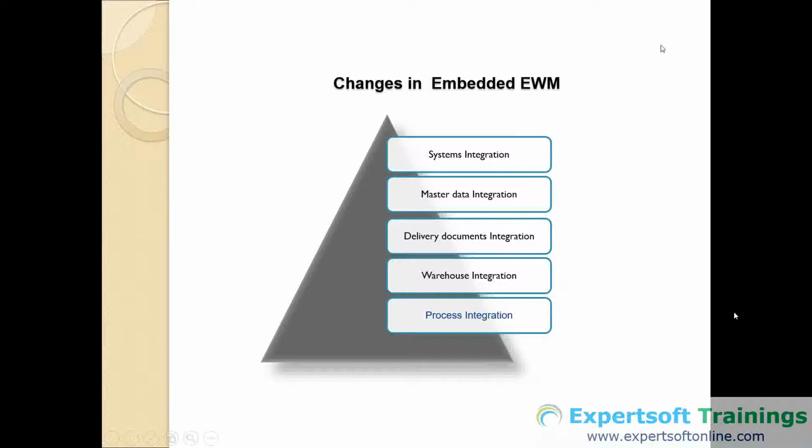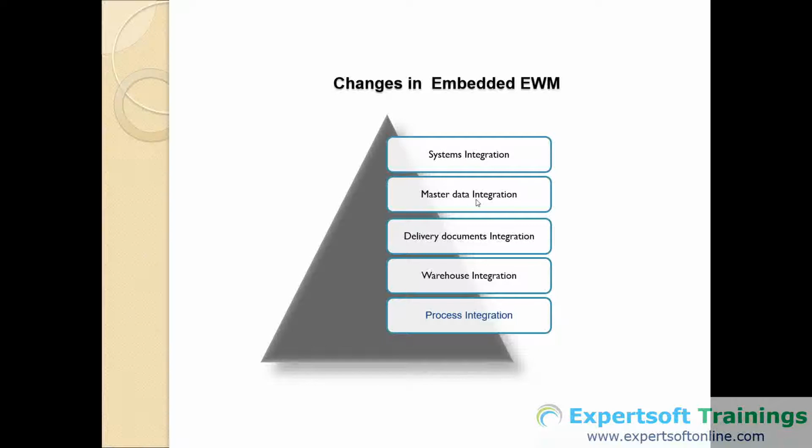Okay, so when it comes to master data integration, in decentralized versions we had different challenges like integrating the master data. Normally the EWM system needs to be in sync between the ERP and the EWM.